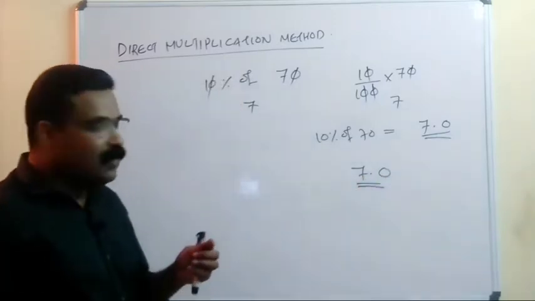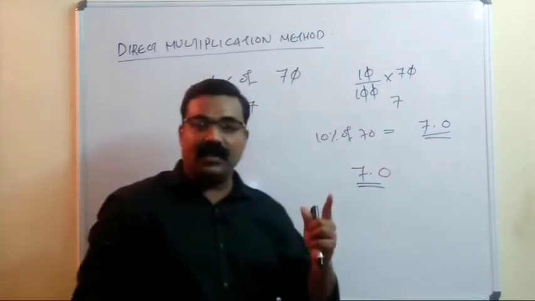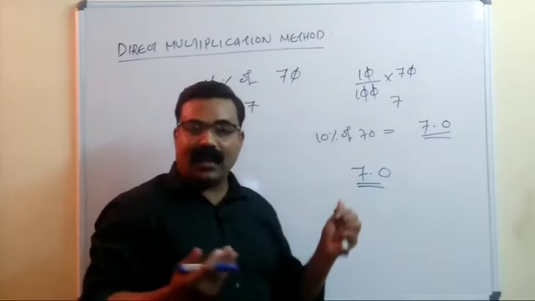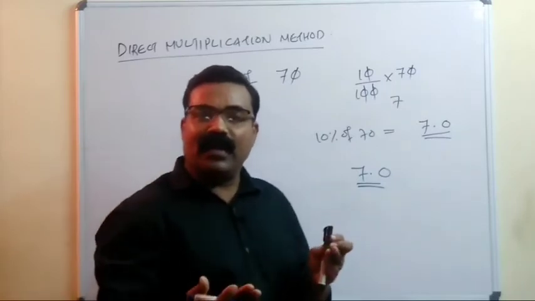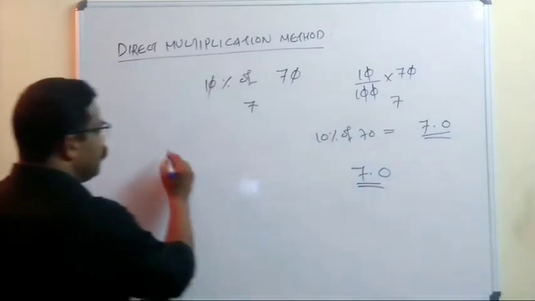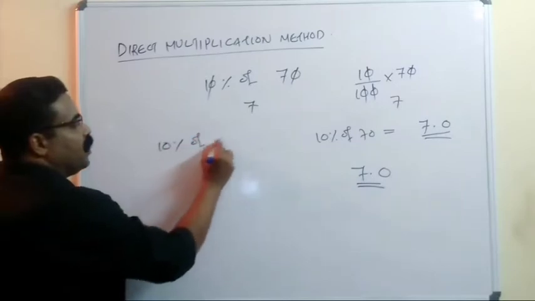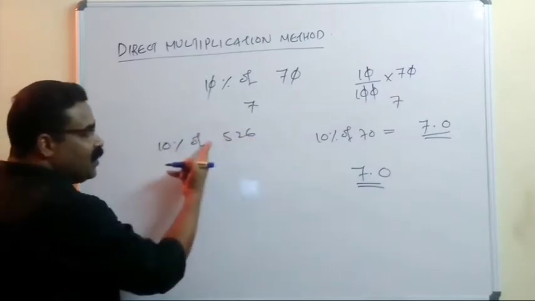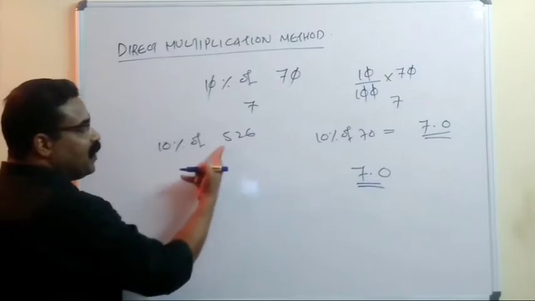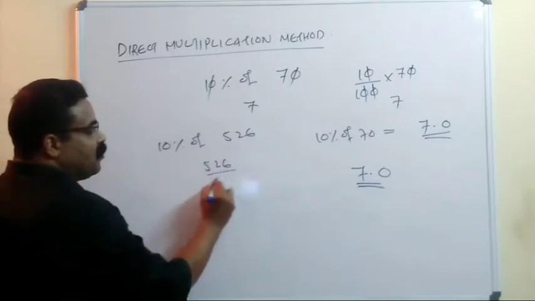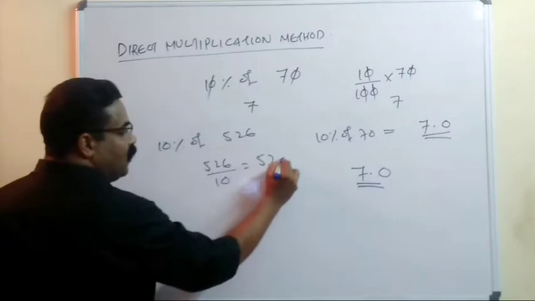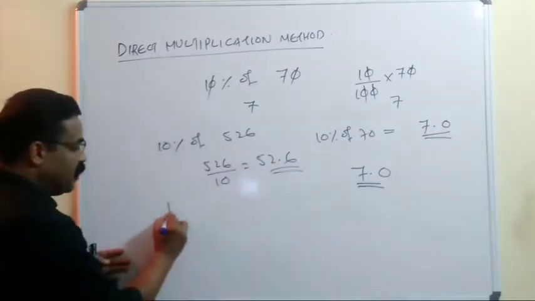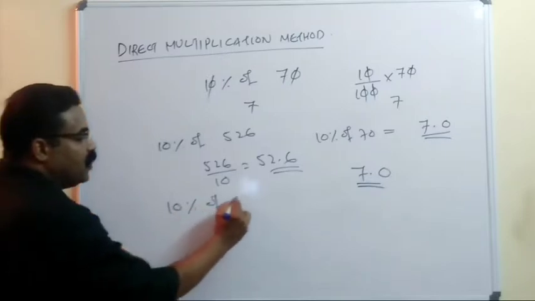So what we have seen is that to find 1%, you divide the number by 100, and to find 10%, you divide the number by 10. I want 10% of 526. I divide this number by 10, so 526 by 10 is 52.6. Isn't it? 10% of 72?